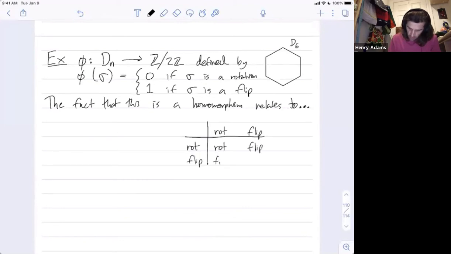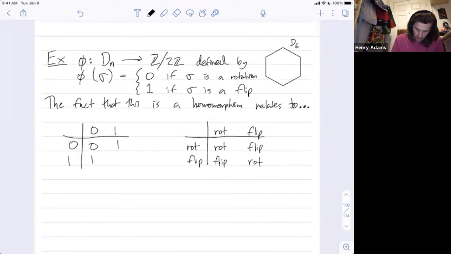But if you combine a flip with a flip, you get a rotation back. Any 2 flips, if you do them in succession, you get a rotation out. So in this much larger group, we're finding this pattern that looks like the structure of Z mod 2Z, and it's being exhibited by this homomorphism.